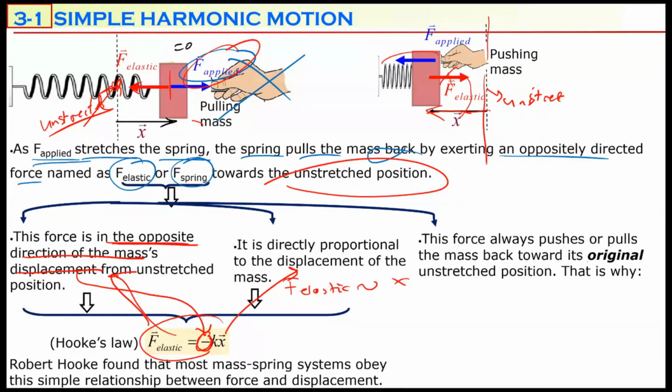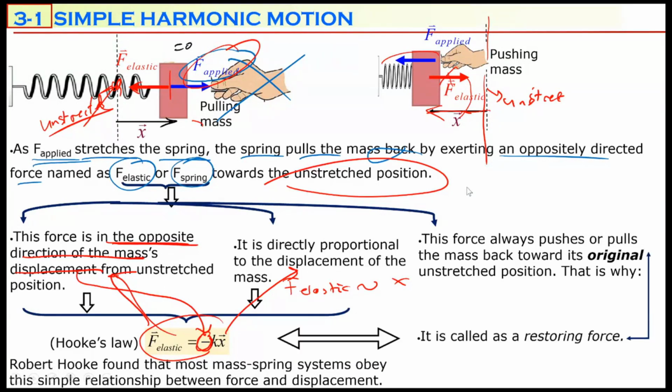That is why this elastic force, or spring force, is given a common name: restoring force. Restore, as a word, means to bring back to its original shape. For example, if there are some historical buildings with some damage, you repair the building and restore it to its original shape.